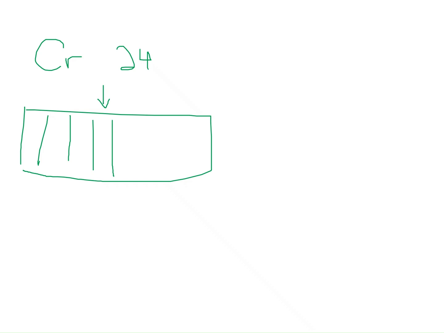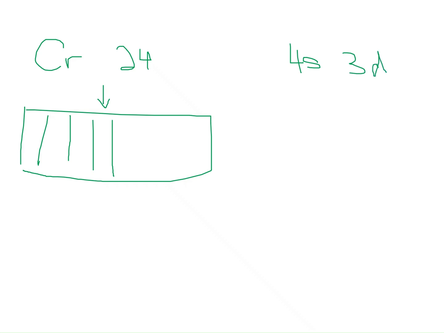However, there are some elements that do not obey this system. There are some elements that disobey the Aufbau principle. According to the Aufbau principle, we have to fill in the 4s first and then the 3d.